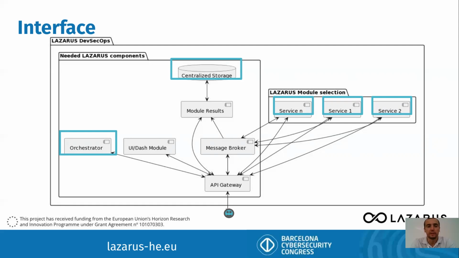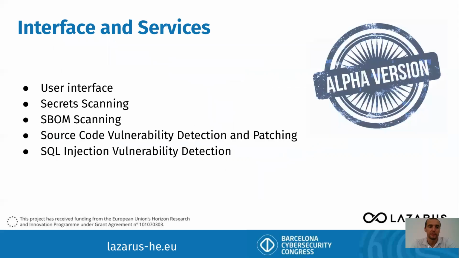And of course, it also features a centralized storage where all the results, temporary results, intermediate results, final results, reports and discoveries are stored and can subsequently be retrieved for reporting or information sharing purposes.